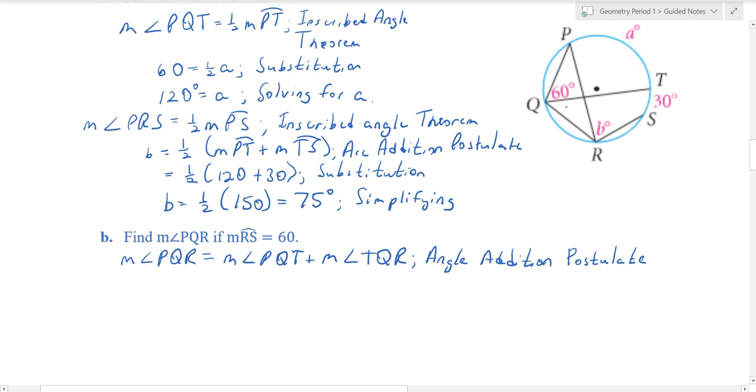All right, now we know, using something else here, that the measurement of arc RT equals the measurement of arc RS plus the measurement of arc TS, and this we can do using the arc addition postulate.